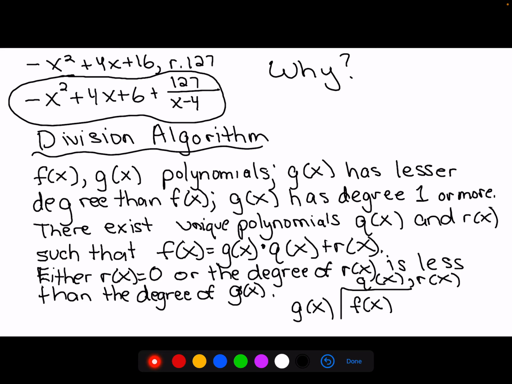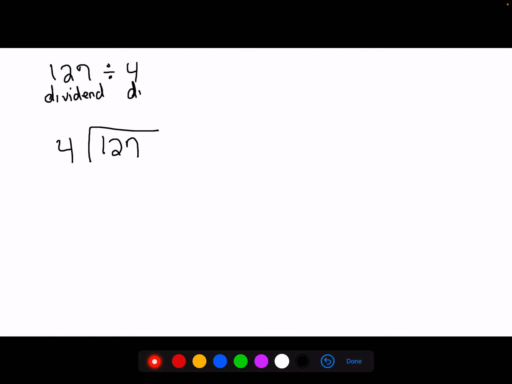Let me show you a numeric example, which you probably learned back in like 4th grade. 127 divided by 4. If we set up the long division problem, 127 is our dividend, 4 is our divisor.